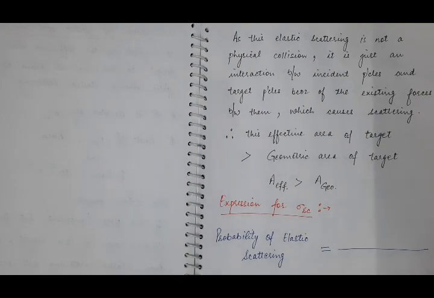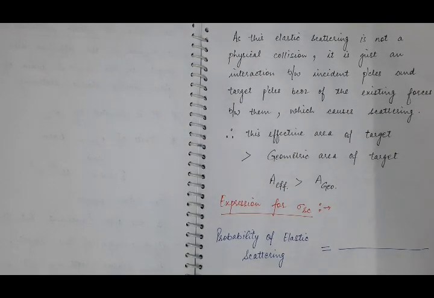So now we will calculate the expression for this scattering cross section. This scattering cross section is related to the probability of elastic scattering in any given direction. First, you all have studied probability in your mathematics 10+2.